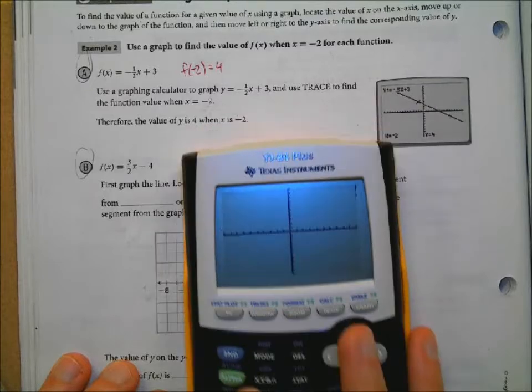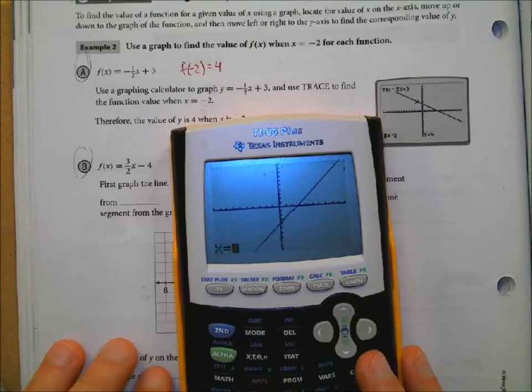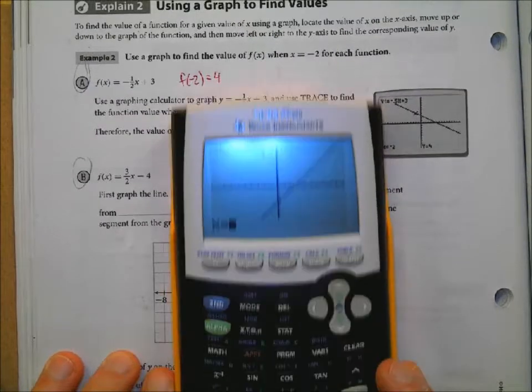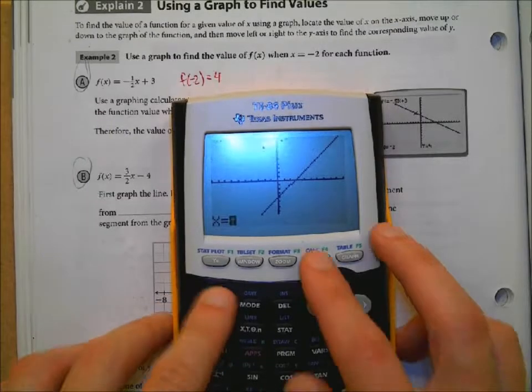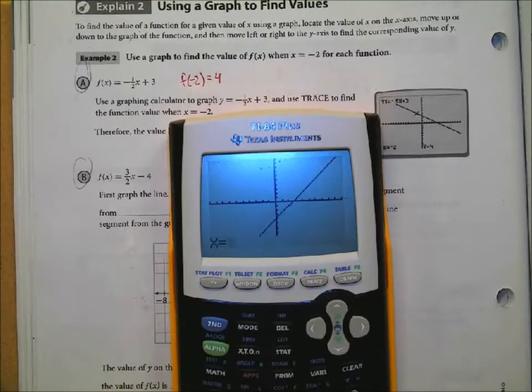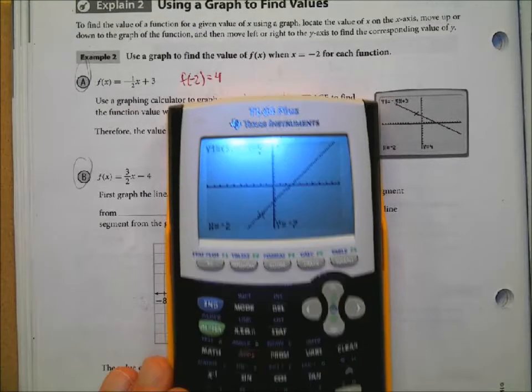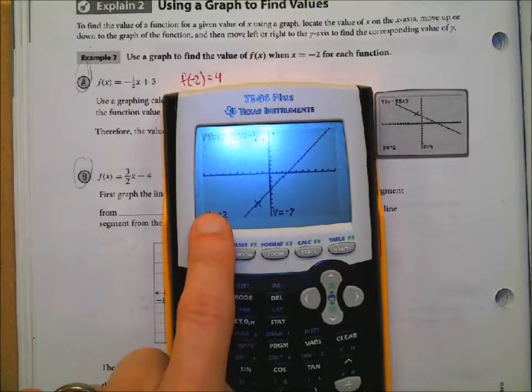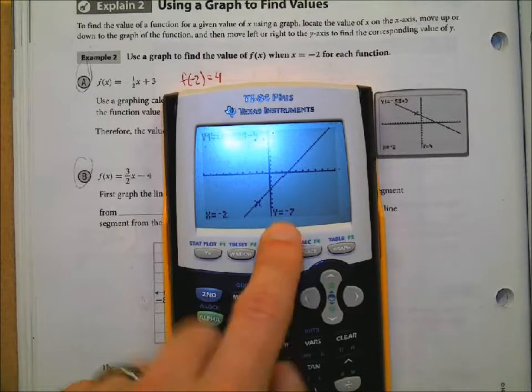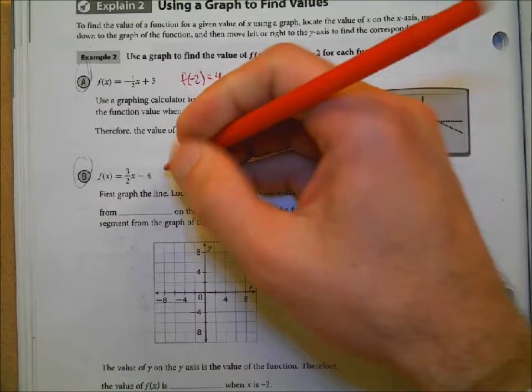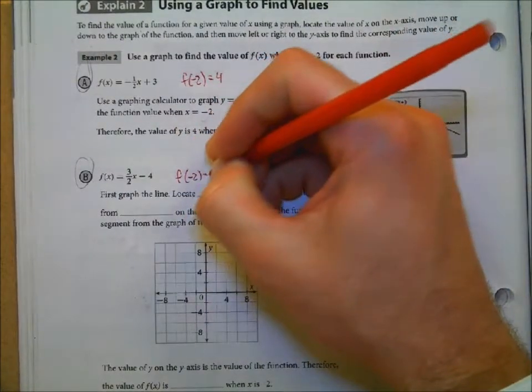And again, we're going to find the value when x is negative 2, with the same directions here. So second trace, value, and then we want to find the value when x is negative 2. So type in negative 2, hit enter, and in this case, when x is negative 2, y is negative 7. So we can say here, f of negative 2 equals negative 7.